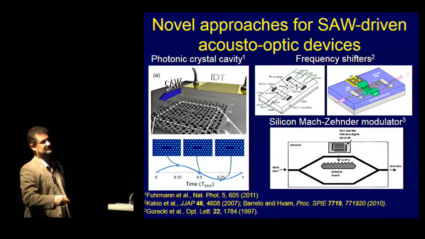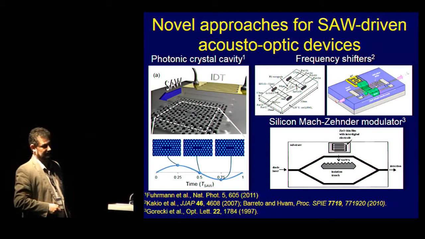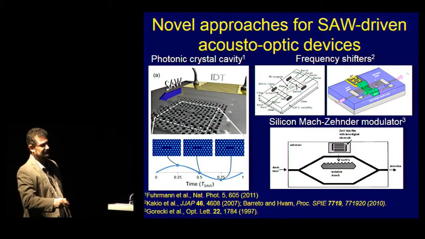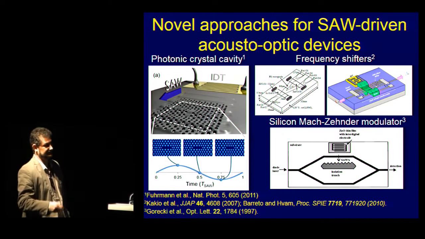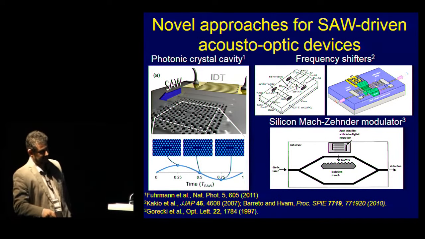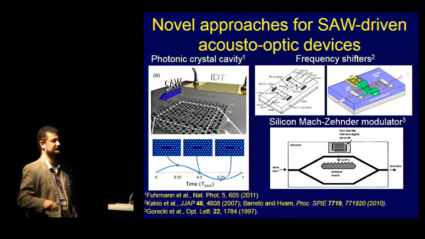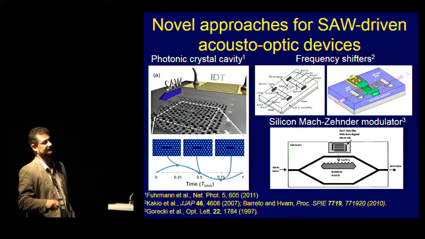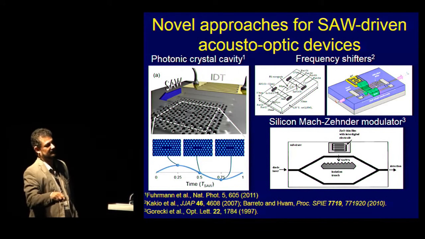And other approaches modulate optical waveguides. So there are proposals to make frequency shifters using acoustic waves. And I want to call the attention to this one, that is the one that we are going to discuss from now on. That was first proposed a while ago to modulate, this is just a Mach-Zehnder interferometer.